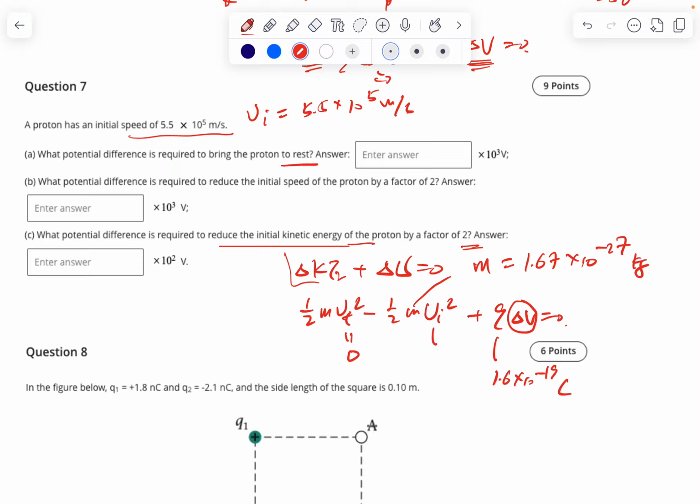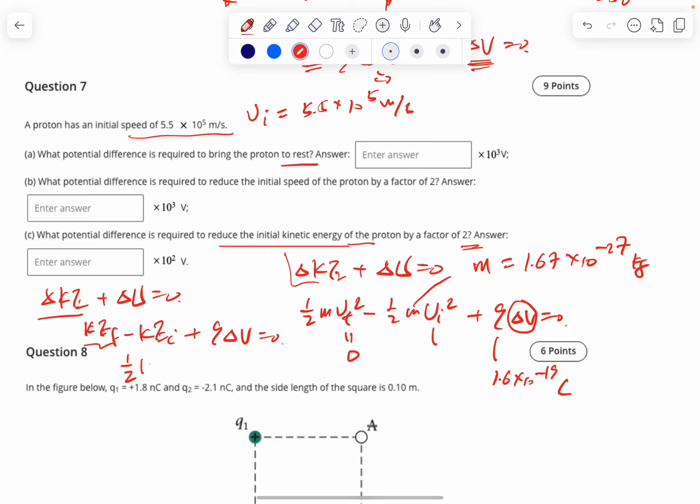We still use energy conservation: delta KE plus delta U equals 0. Delta KE is KE final minus KE initial, plus Q delta V equals 0. Now the kinetic energy is reduced by half, so the final will be half of the initial; you only have half.